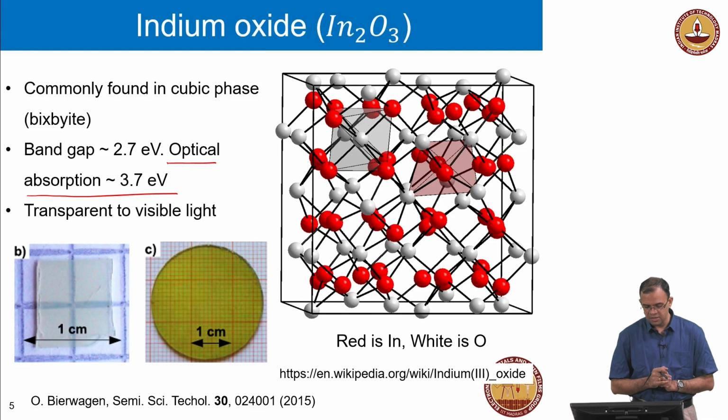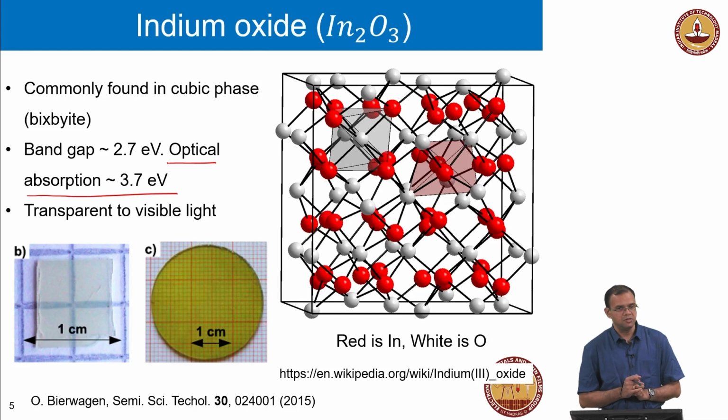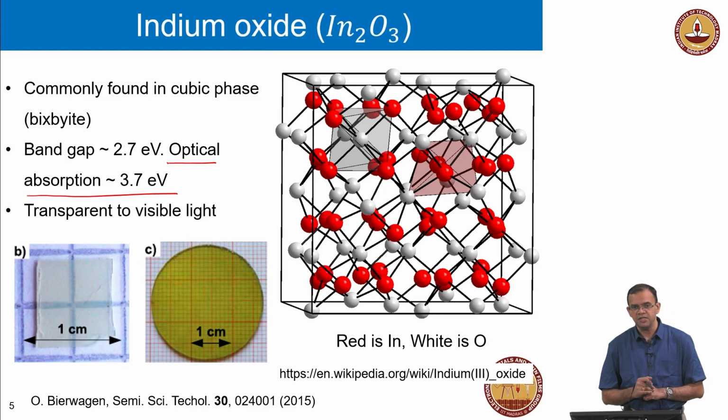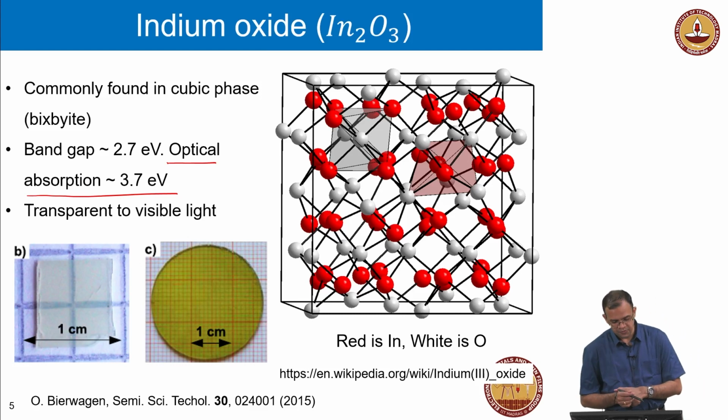That makes it a material that's transparent to visible light, because the absorption only happens at 3.7 eV, and we said that 3.1 eV and below is visible.